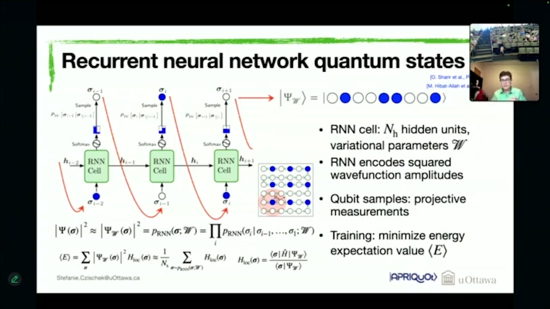So in order to capture any correlations between atoms, we need to encode this information in this hidden unit configuration. And since this has a limited size, we have a limited number of hidden units, our memory has to be laggy at some point, right? We have to lose some information at some point if our sequence gets too long.